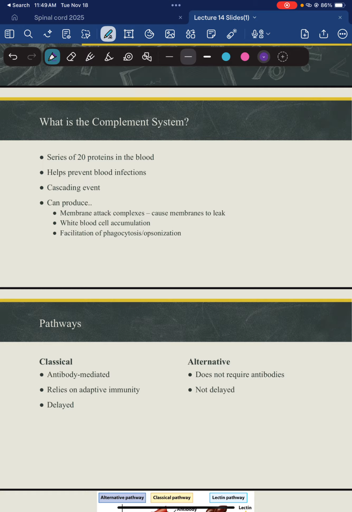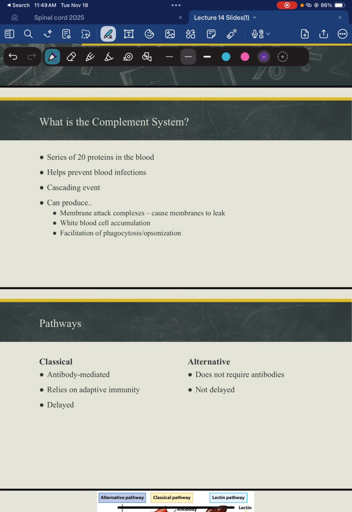But we also have other ways of protecting our tissues from pathogens. One being the complement system. So this is actually a really big, complex system that we're going to narrow down to pretty much one definition. Complement system is the guardian of your blood. It keeps things out of your blood.